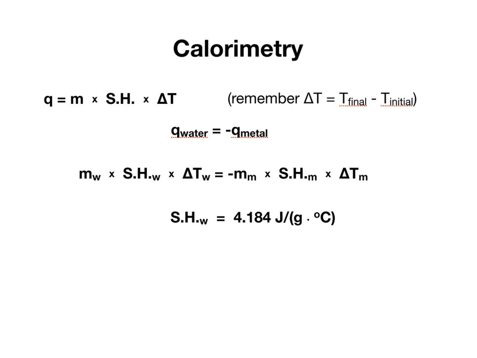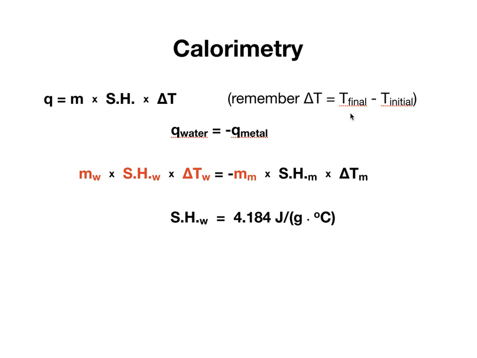Now, when we're doing this experiment in lab, we are going to measure the mass of the water that we put in the calorimeter. We know the specific heat of the water. We're going to be able to calculate the temperature change of the water. We're going to measure the initial temperature of the water and then the final temperature of the water after we put the hot metal in it.